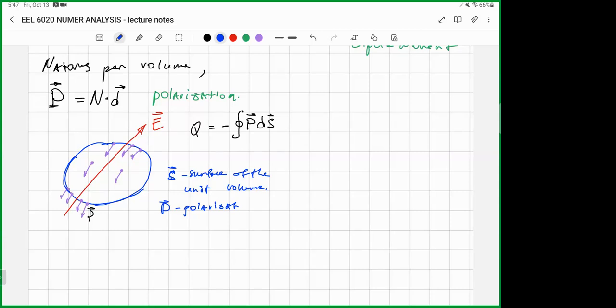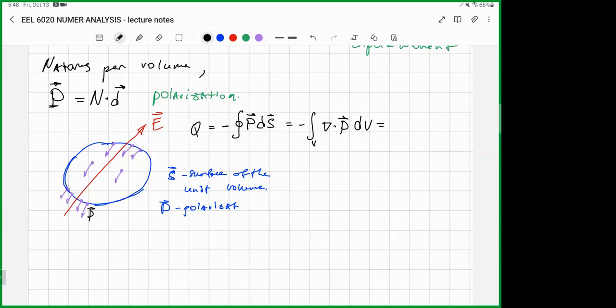Okay, so why do we use this? Because now I can use the divergence theorem to represent the integral over the enclosed surface as the integral over the volume of the divergence of polarization.